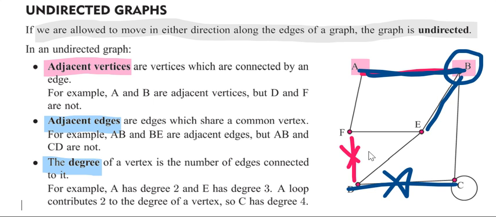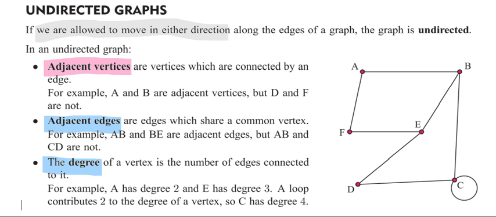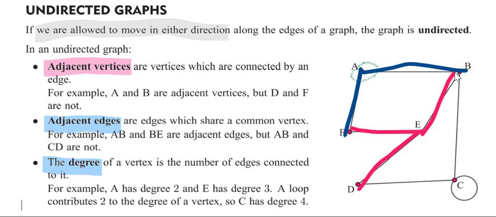Let me explain this now. If I have to talk about the degree of A, it will be 2 because it's connected to two different edges, 1 and 2. That's all. Let's take E. E would have 3 because 1, 2 and 3. If I talk about C, C would have 4 because a loop contributes 2.